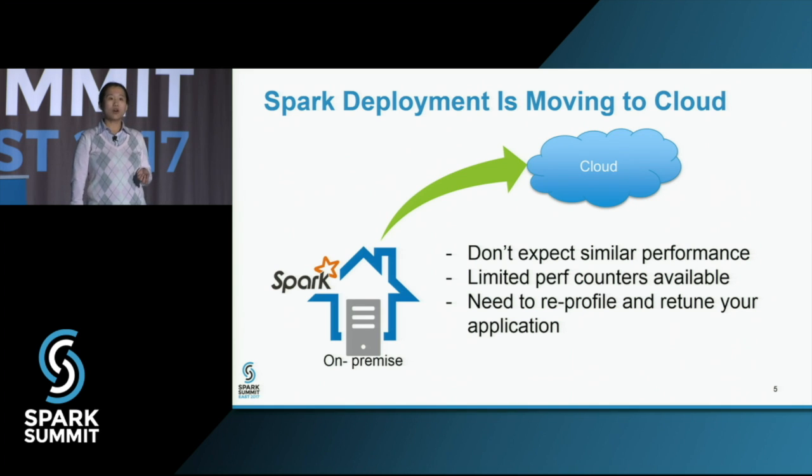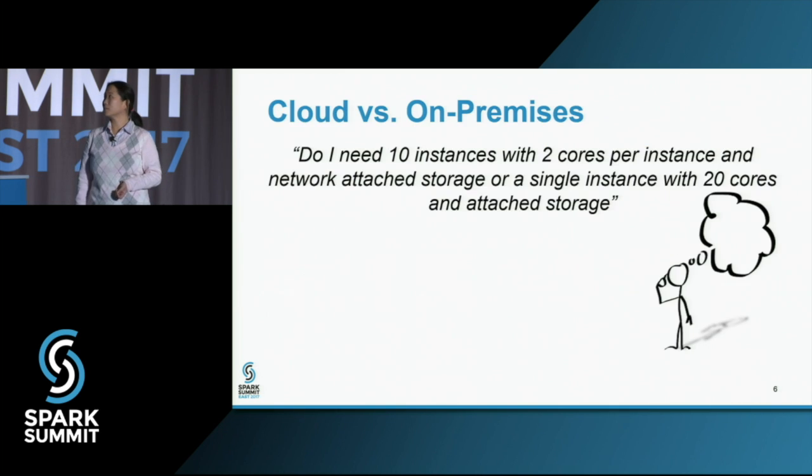The goal of this presentation is to introduce a data-driven approach to work around these limitations and, by the end of the day, to speed up your Spark performance in the cloud.